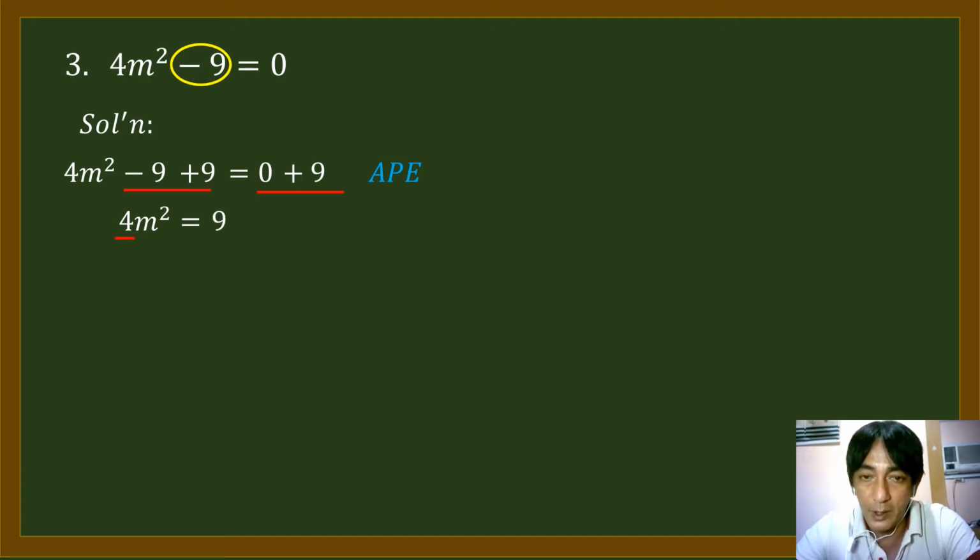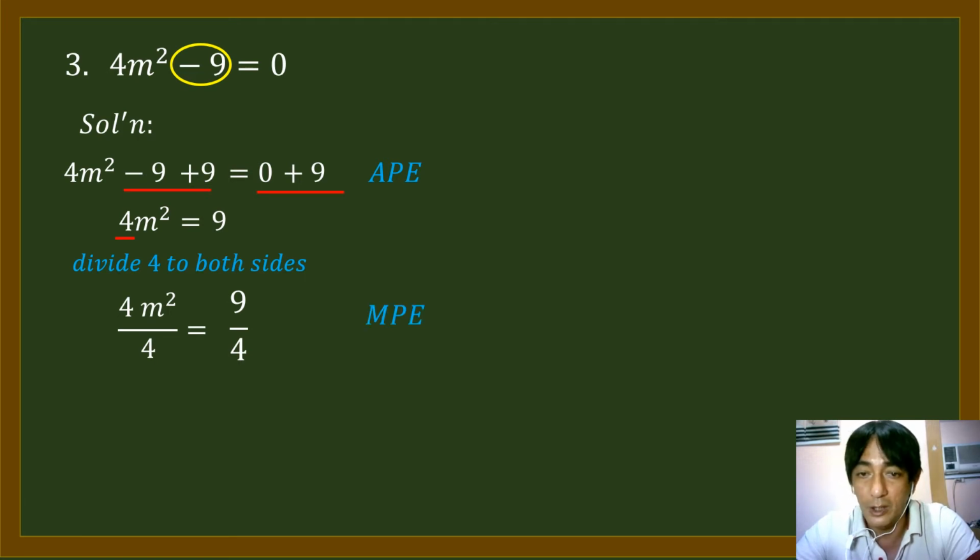Notice meron pa tayong numerical coefficient ng m squared na 4. So we divide both sides of the equation by 4: 4m squared divided by 4 equals 9 divided by 4. So kapag nag-multiply tayo sa both sides ng equation or nagdi-divide tayo, we're applying the multiplication property of equality.